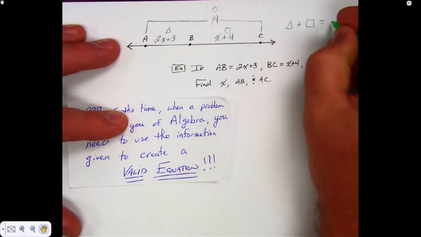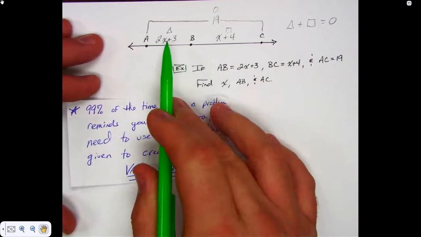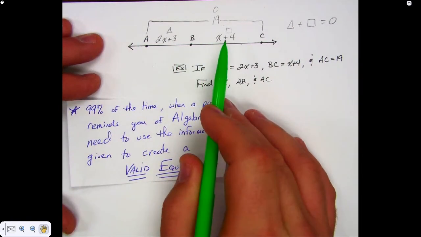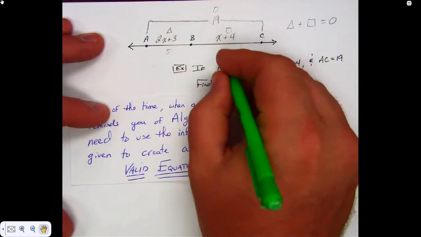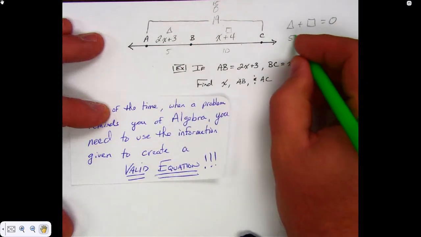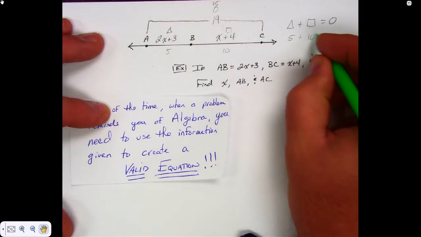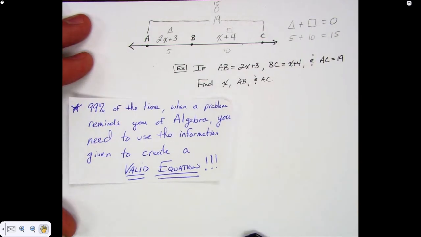If I said this was 5, this was 10, and this was 15, what would your equation be? 5 plus 10 equals 15. Does everyone agree there? Exactly what it is. So, all I have to do here is use that same concept that I did here, and just instead of triangle or 5, what am I going to put?